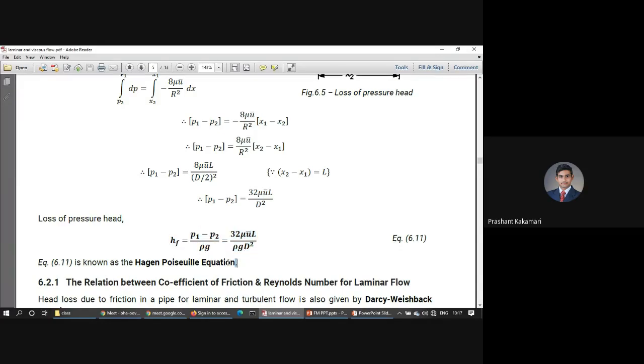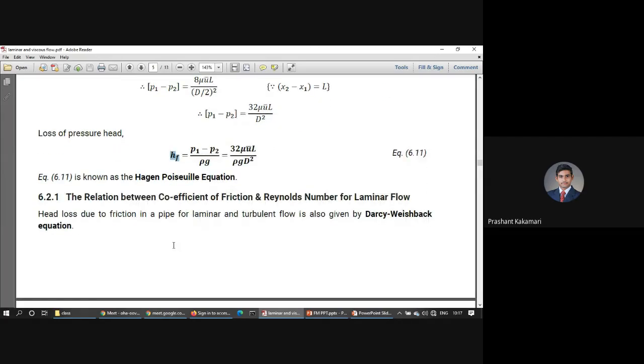This equation will help us find the pressure difference in the pipe flow between two given points, or I can say the head loss due to pressure difference. Okay, so that head loss due to pressure difference is shown here, hf, in the laminar conditions. In such conditions, we can use these equations and solve the problems.